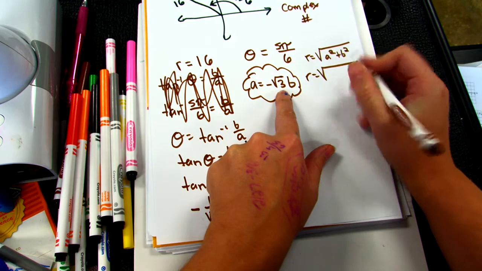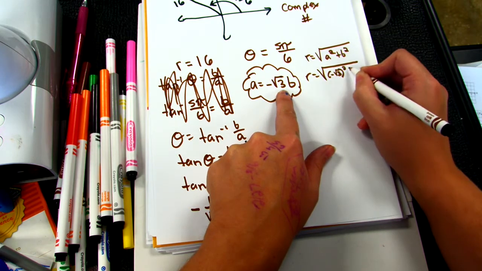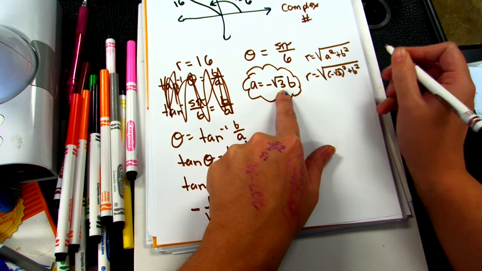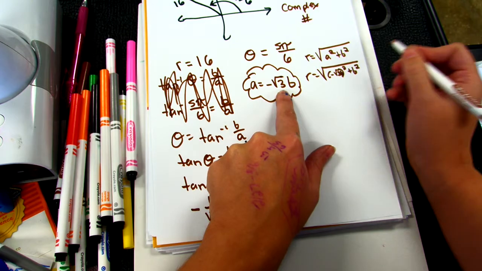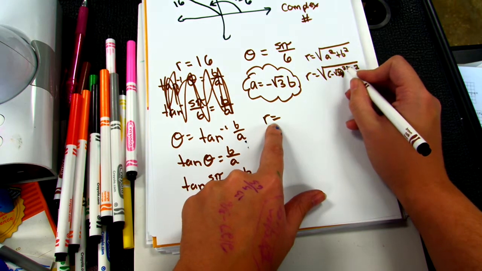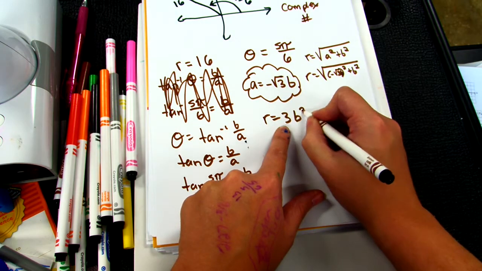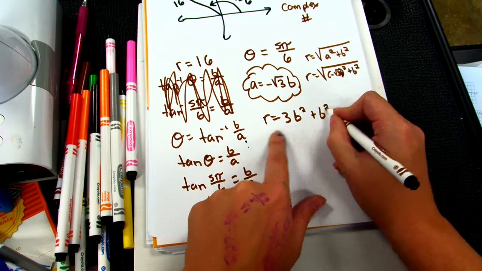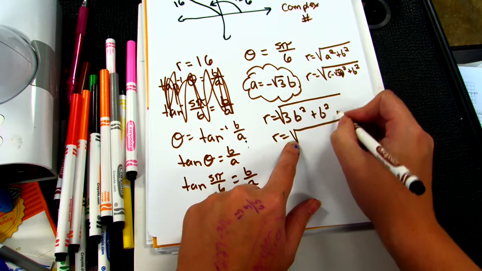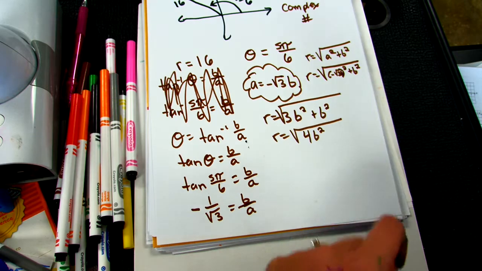Well, we know that a is this, so we can go ahead and write that in. A is negative square root of 3, we're still going to have to square it, plus b squared. Oh, sorry, negative square root of 3 times b, squared. So that means r is equal to, well, negative squared will become positive. The square root of 3 squared will become 3, and then we'll have b squared plus b squared, and it's still square root. So r is equal to the square root of 3b squared plus b squared, which is 4b squared.